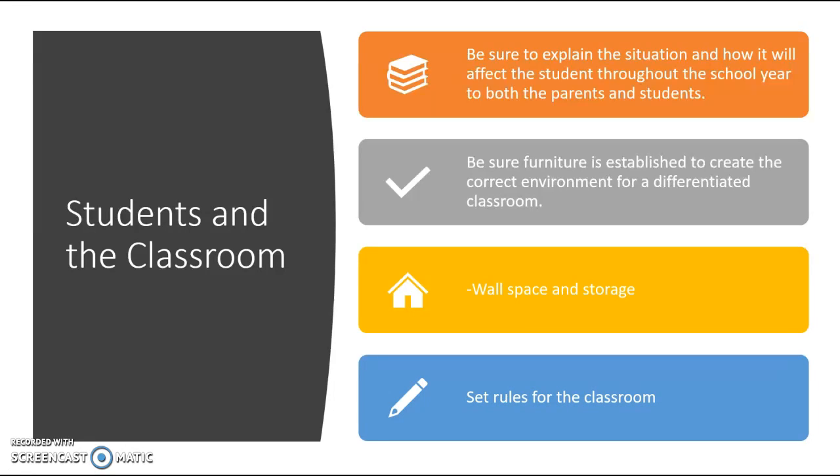So how can we see differentiated learning in the classroom itself? The first step in accommodating is to be sure to explain the situation. Right off the bat, tell them that this isn't going to be a traditional classroom. This is going to be differentiated.